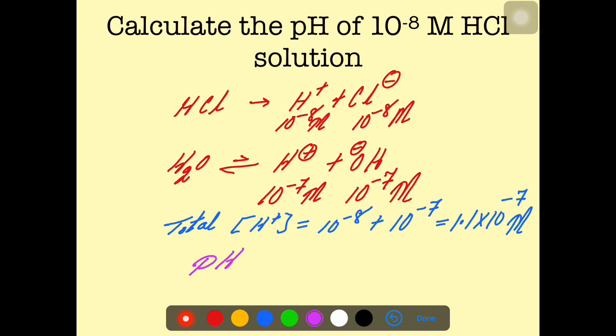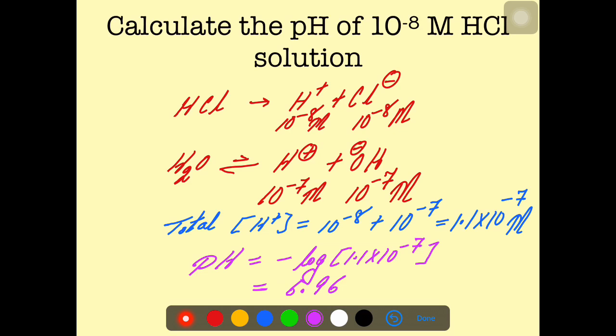Therefore, the pH of the solution in such a case will be negative log of 1.1 into 10 to minus 7, and that turns out to be 6.958, which is rounded off to 6.96.